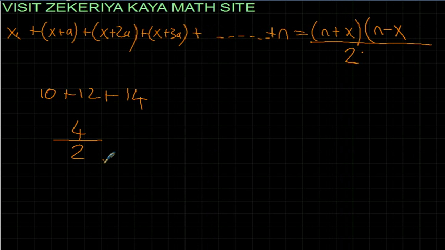Because when we make 14 minus 10, we subtracted the first number. So, to get the right count, we add the increasing number. That means last minus first plus the increasing number, and then we divide it by the increasing number. Okay?